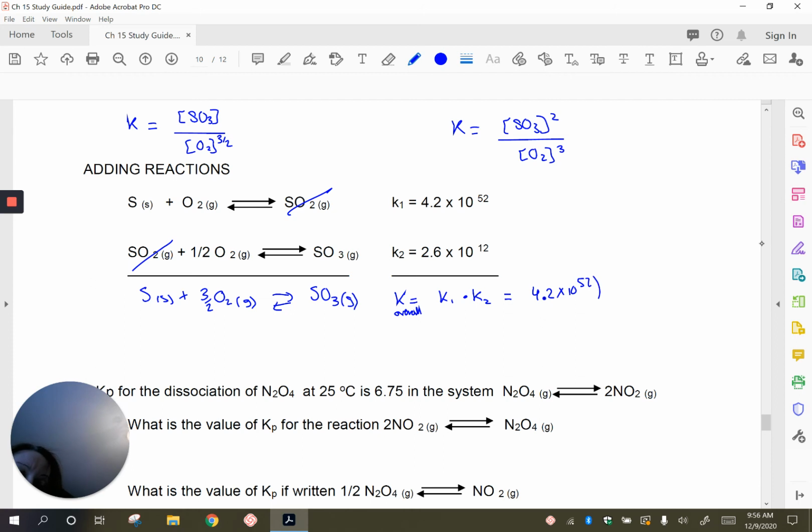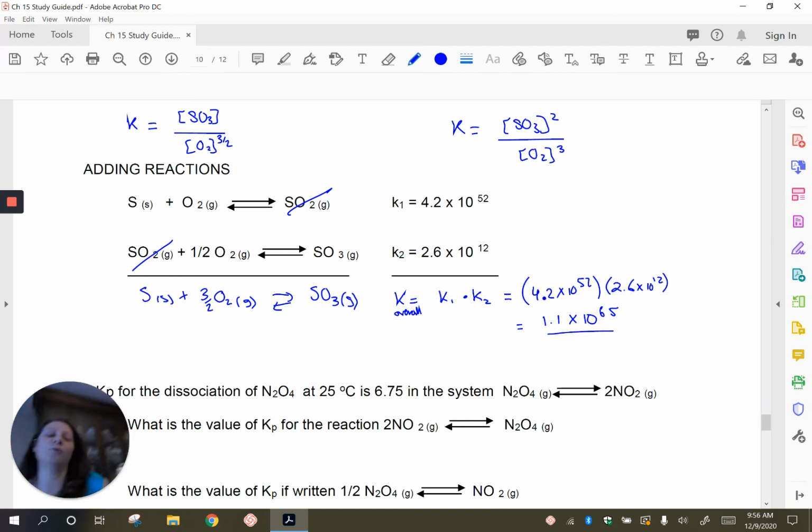Oh, wow, that's a big number. Times 2.6 times 10 to the 12th. So whatever that value is, that's a really big number, 1.1 times 10 to the 65th. So that's my K for the overall reaction. So if you're adding up reactions, you multiply the K's.